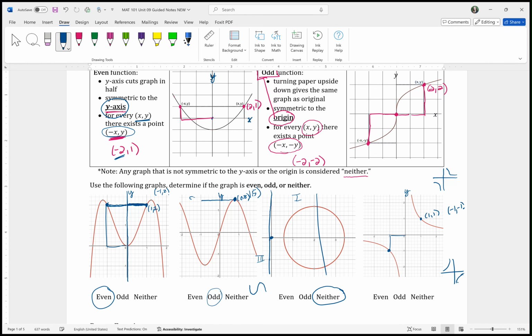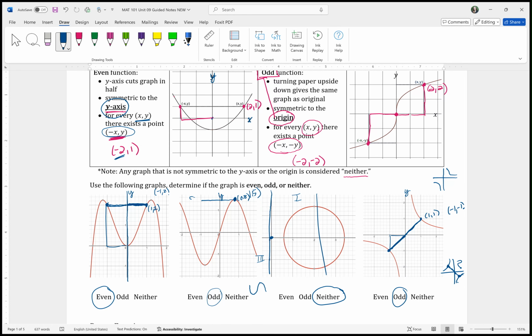So if you can't pick something in the first quadrant here, then pick it in the second and make sure it goes to the fourth. And just like I was talking about before, this distance and angle should be the same going to the origin as this distance and angle. All right, so there's a few different ways you can think about this. And so that means this one is odd.